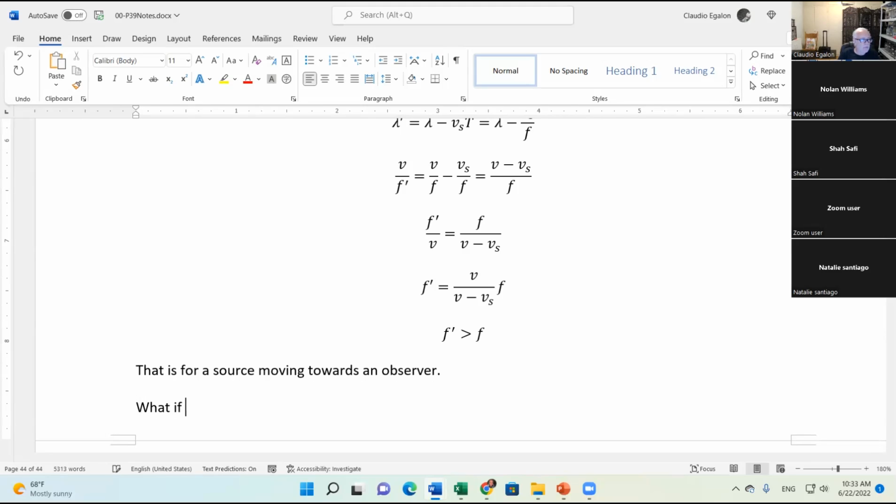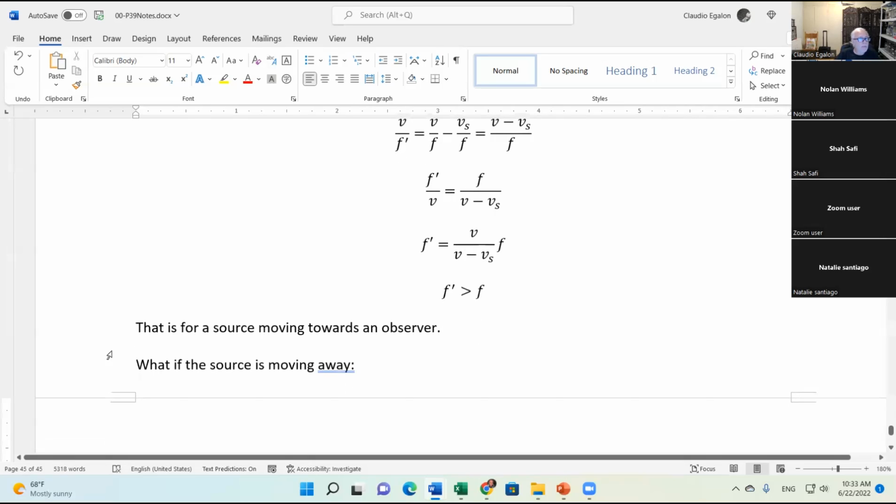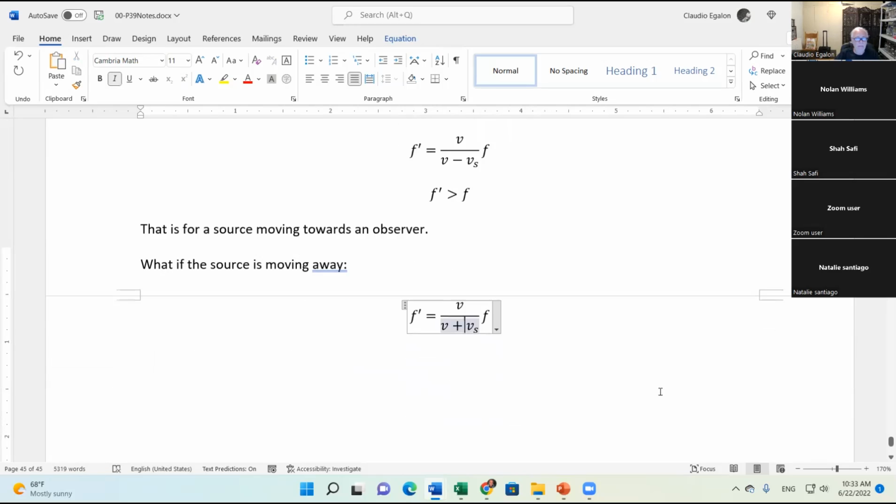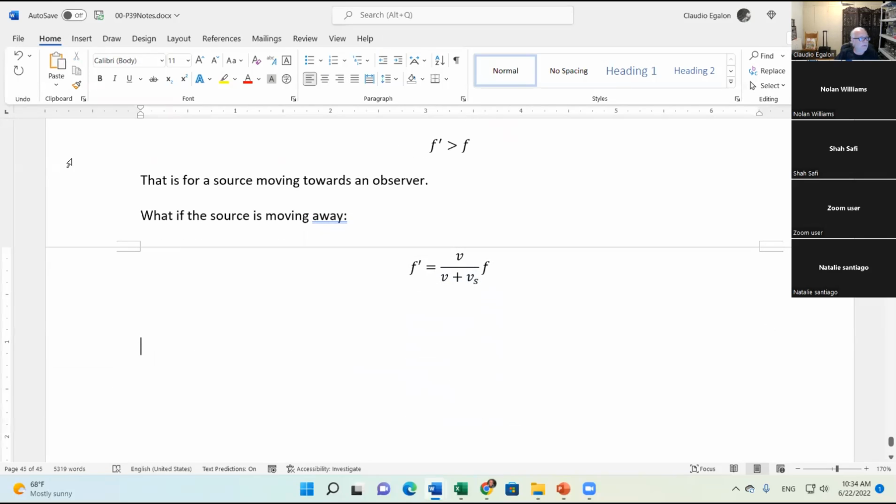What if the source is moving away? All you have to do is change the sign right here, and you're going to have the inverse: lower frequency.